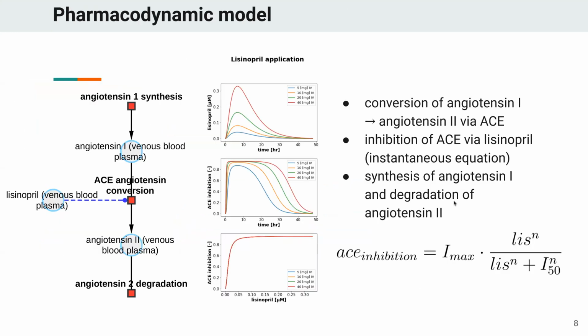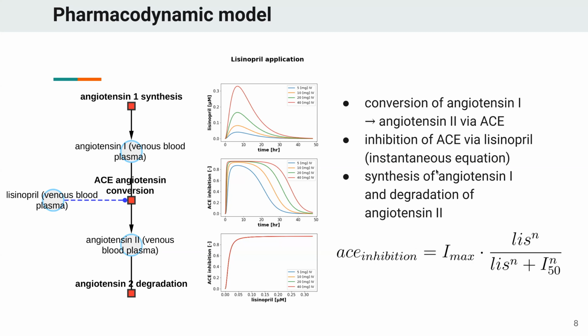What we did in addition, we did a very rudimentary pharmacodynamic model. In this case, it's basically just something that we can put in, which we will replace in the second course and make more complex. In the first part, we just included angiotensin 1 and angiotensin 2. The ACE is converting angiotensin 1 to angiotensin 2, and lisinopril can be an inhibitor of these reactions.